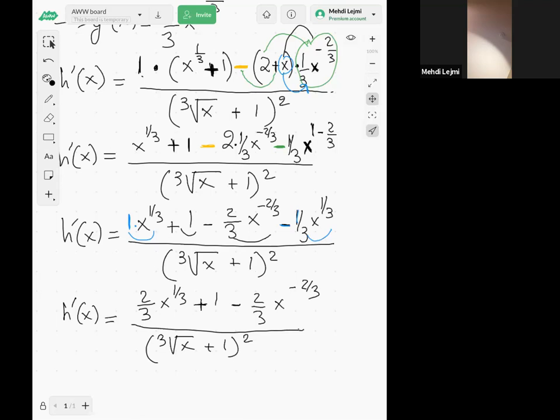Anyway, next we're going to compute the derivative of trig functions, right? After powers of x, we're going to do the derivative of trig functions. So that will be section 2.4.